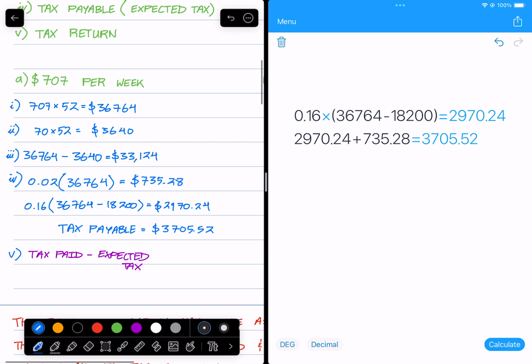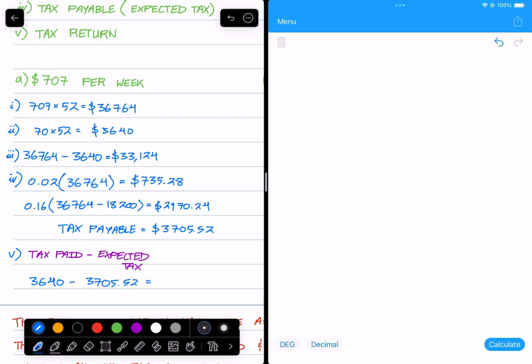And this is just going to be what you've already paid, 3640. And from this, we're going to minus what you were expected to pay, 3705.52.